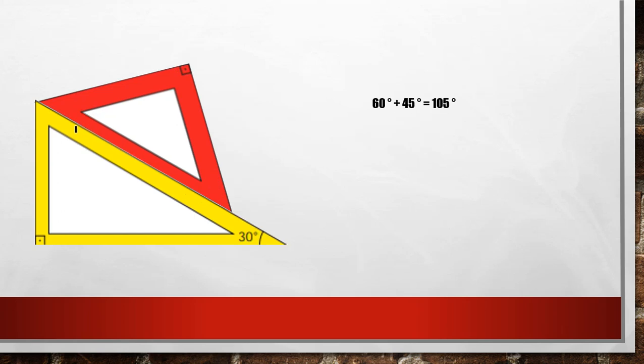And here are adjacent angles with the common vertex and ray. Let's find the angle measurement. Here is 60 degrees and here is 45 degrees. And 60 plus 45 equals 105.